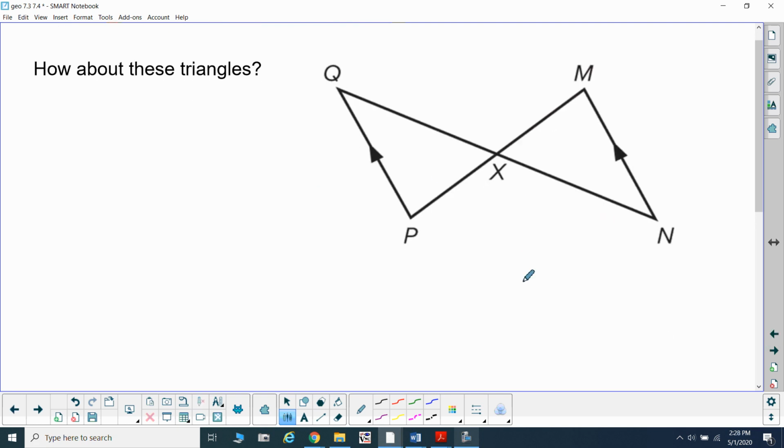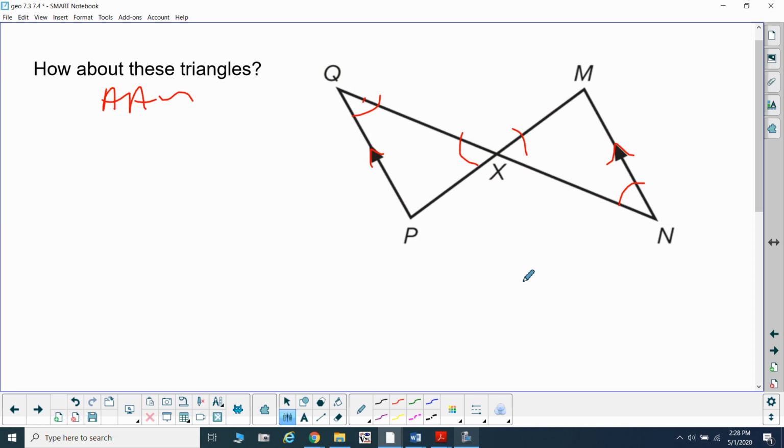So that is my similarity statement. How about these triangles? Are they similar? Well, so far we have just angle, angle similarity that we have to look for, right? I hope you all recognize that we have those vertical angles. So that's one set of angles that are congruent. You also see we have a set of parallel lines. Remember, alternate interior angles we look for.